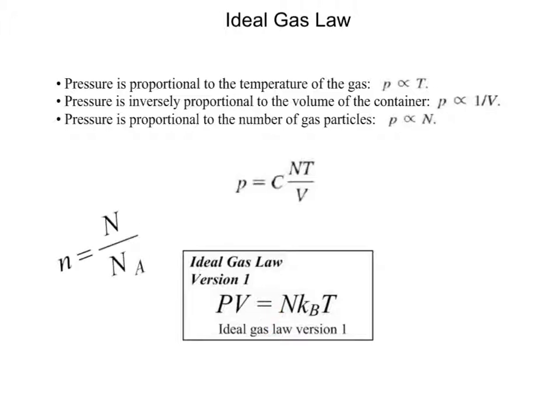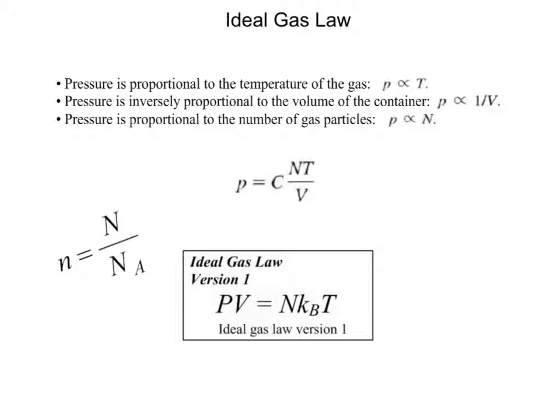Now remember, as we saw in our last video, getting the number of particles, this is the full number of particles. We would take the number of moles multiplied by Avogadro's number to get the number of particles. You also have to remember that whenever we're using the ideal gas law, we have to make sure that the pressure here is the absolute pressure in pascals, and the temperature is the absolute temperature in Kelvin.